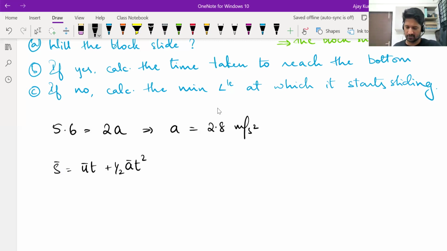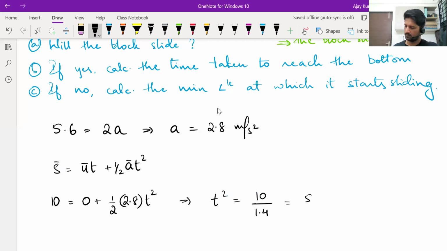Let us take both of them positive. U is 0. A is 2.8. So 2.8 by 2 is 1.4. T square is equal to 10 by 1.4, or 100 by 14, 50 by 7. T will be under root 50 by 7.